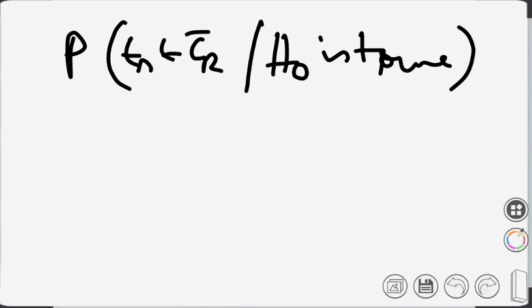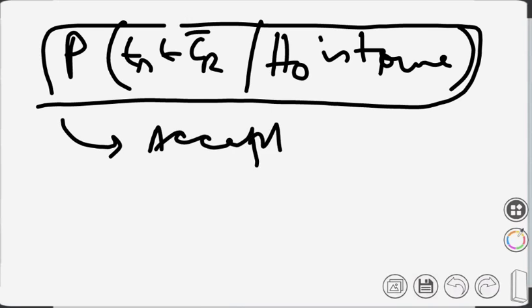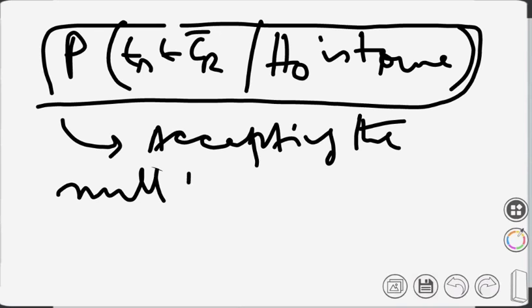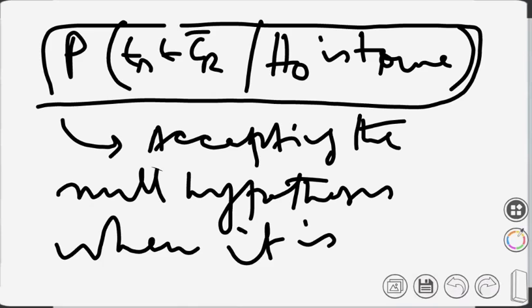So what is this? This is something good that is happening. We are accepting, so this implies accepting the null hypothesis when it is true.